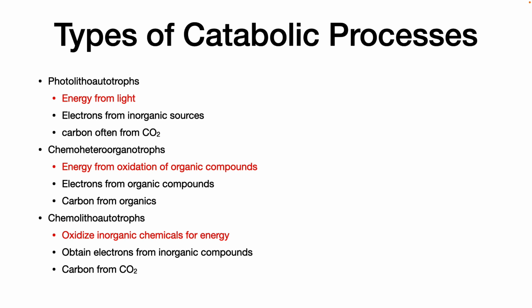They attain their electrons from inorganic compounds, and they get their carbon from carbon dioxide. Now, there are other types of metabolism known on Earth, but these are probably the biggest ones. We will cover the processes they use in depth in the next three lectures, and we'll talk more about these classifications in the lectures on nutrition.